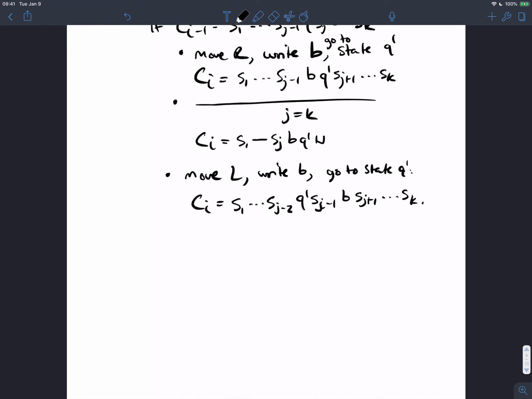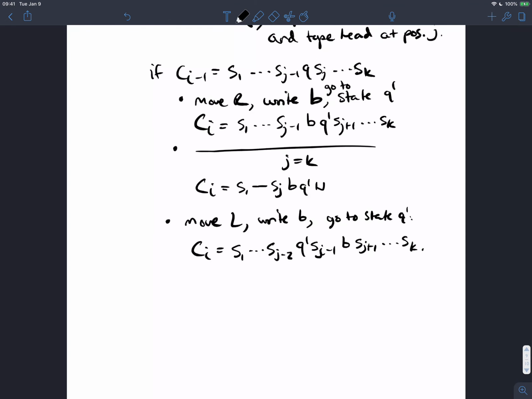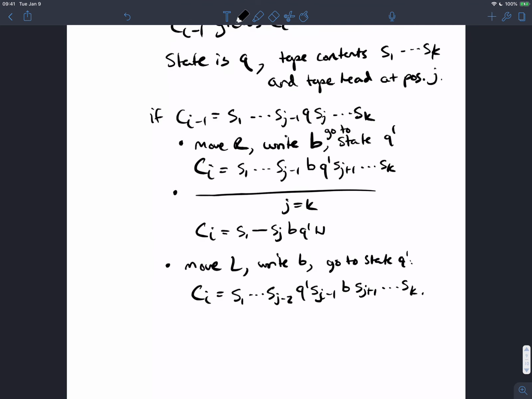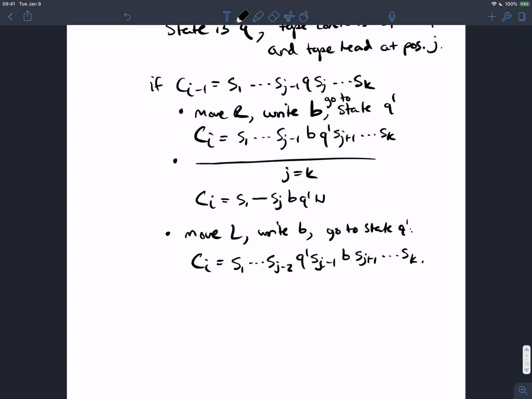I know it's absolutely horrible, but one thing that you should be thinking about as you're doing this sort of thing is that you should write down what you're trying to do. We're trying to formalize the notion of computation here. We're just saying, here's the configuration at the start, and you follow the rules of the transition function as we go along.